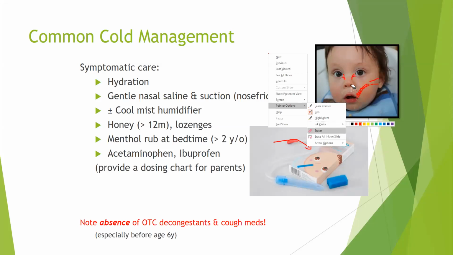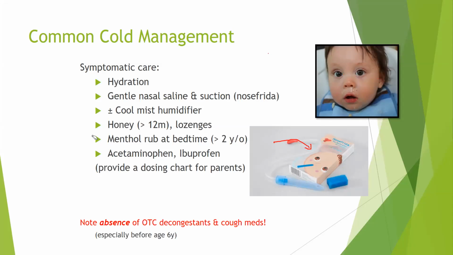Let's see, we've got honey, which is good for coughs, right? This can be used at greater than 12 months. We worry about botulism toxin before 12 months. So after 12 months of age, they can use honey, and they can use lozenges probably at about age 2.